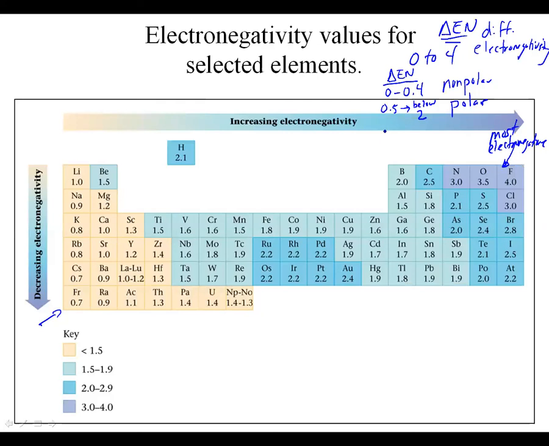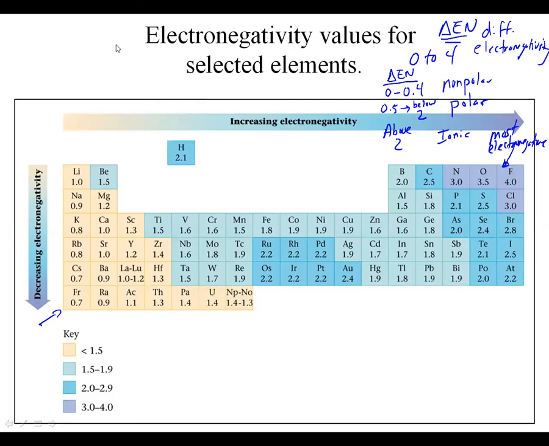And if the difference is typically above 2, that means it's going to be an ionic bond. These cutoffs will work out that way in most cases. There are some exceptions, like anything, but those are the general cutoffs we can use to determine whether a bond would be polar, nonpolar, or ionic.